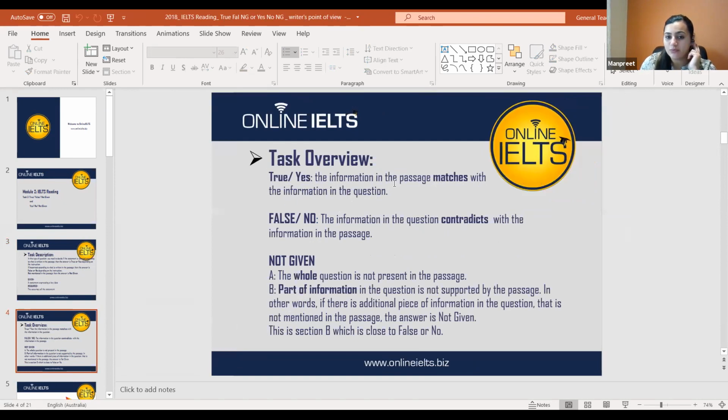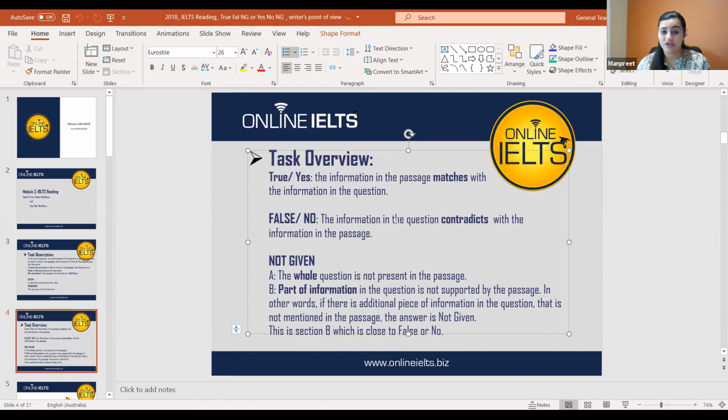So this one is pretty much how you have to do it. The answer is true or yes if the information in the passage matches. I'm sure everybody knows that there are 3 sections in your reading test, and so there would be a passage.